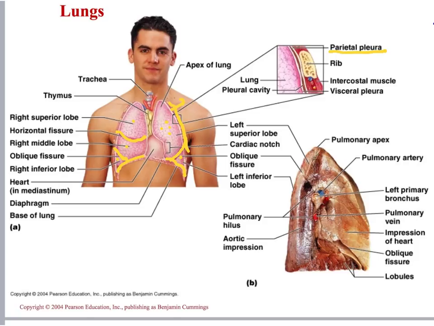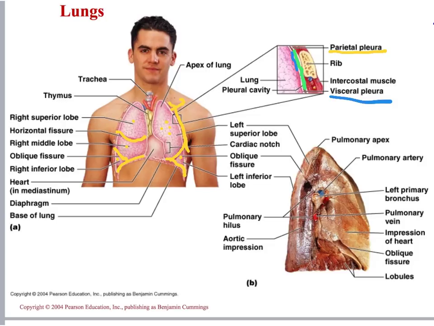It folds over and covers the surface of the lung, which I'm going to color in blue. This is called the visceral pleura. And there is a tiny little space between the two, which is known as the pleural cavity.